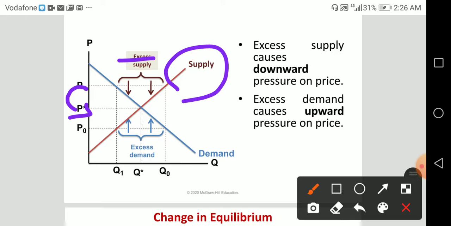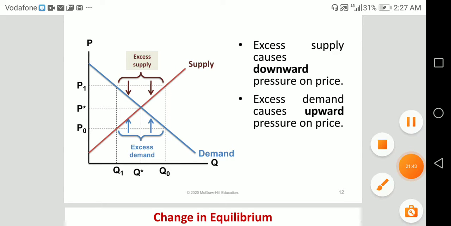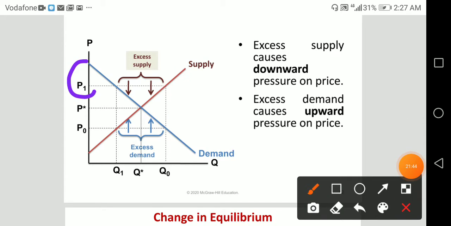For example, if I'm selling strawberries as a producer, and people are not willing, because they have the full authority and control, a voluntary exchange, they are not willing to buy the strawberries at this high price.